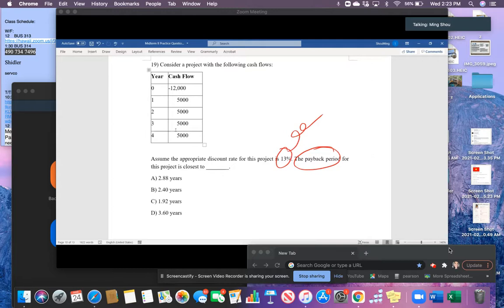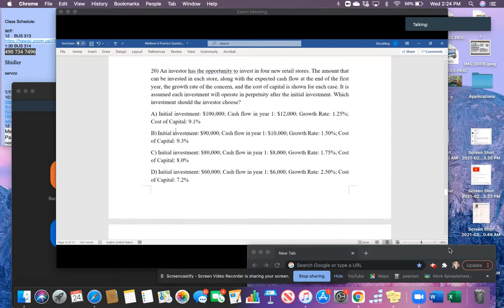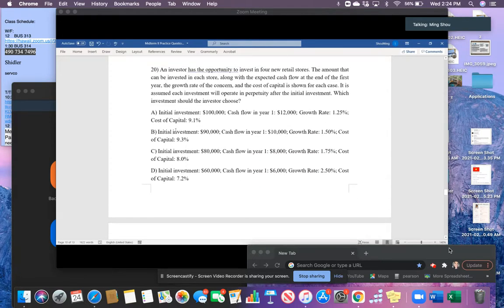To calculate the payback period, we simply use 12,000 divided by 5,000, and you can find out you would need 2.4 years to collect all your initial investment back. So the correct answer is B. This question is also simple.